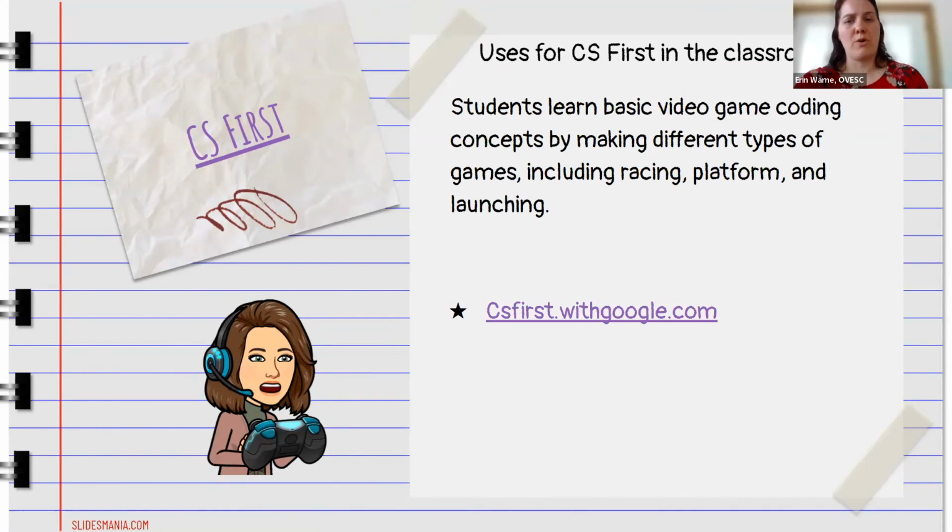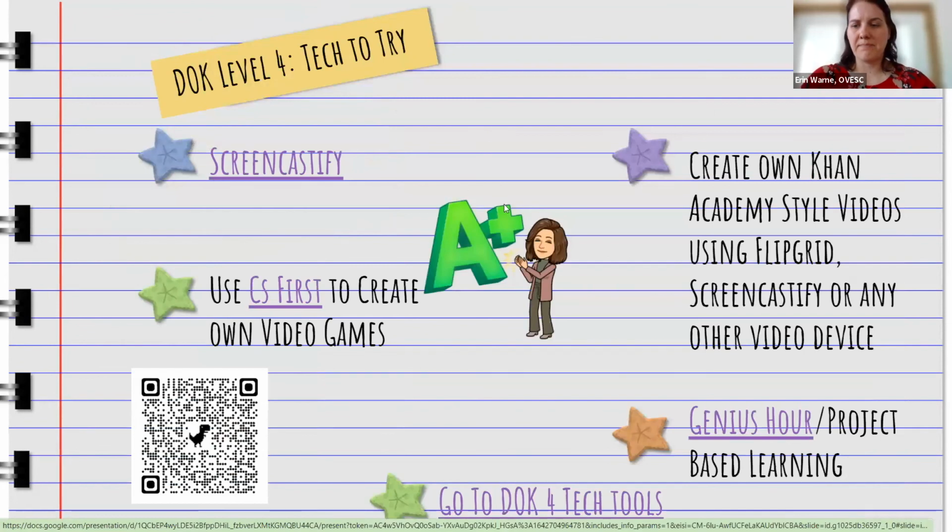They have it all written out for you. And then you can just assign the lessons to them, and they're creating video games. It could be racing games, or there's just things that you can pick from that helps them learn how to code and how to design and how to think about using technology in that sense.